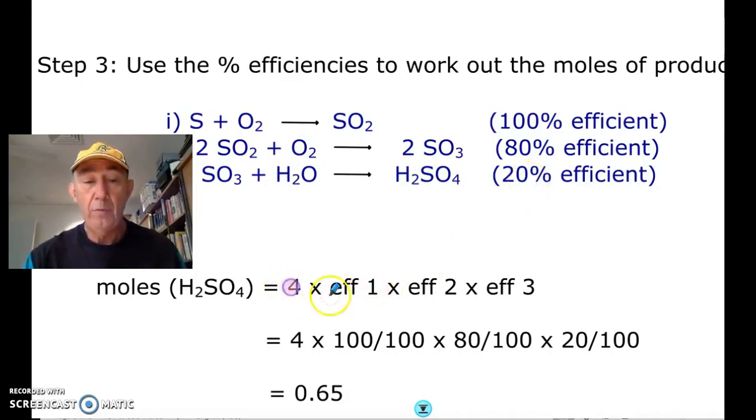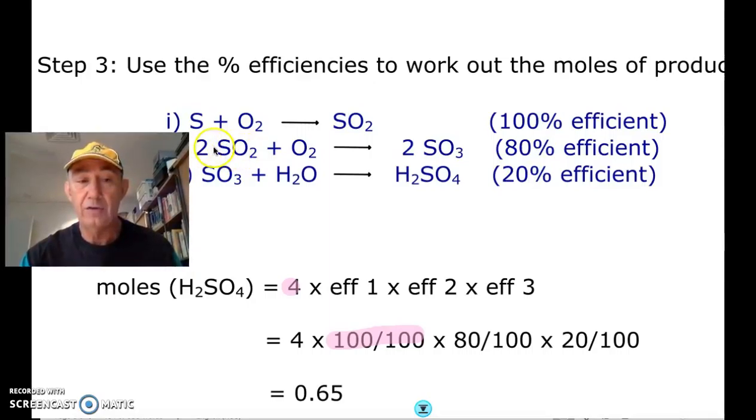So 4 moles of sulfuric acid we now multiply by the efficiency of the first equation, which is 100%. So we're going to multiply that by 100 over 100. The second equation is only 80% efficient, so only 80% of our reactant is going to turn into our product. So we multiply that by 80%.